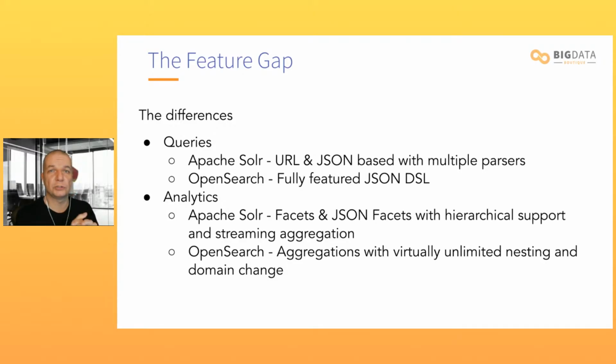You're only limited by your compute power and memory that you can give to OpenSearch to calculate that. The more complicated the query, of course, the more compute power you will need to do that live, because those calculations are done in both cases live. They are not pre-computed, apart from some of the data structures on the disk that are created during indexing, but apart from that, things are very dynamic there. So keep that in mind.